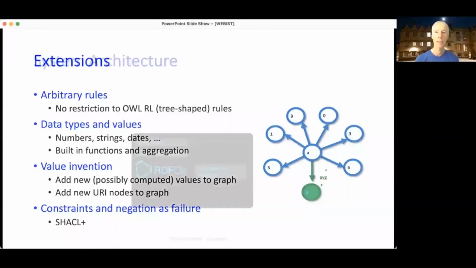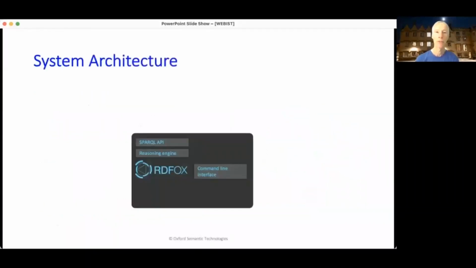Regarding the system architecture, RDFox's original system architecture was very basic and consisted of little more than the core reasoning engine, a command line interface, and a SPARQL API.